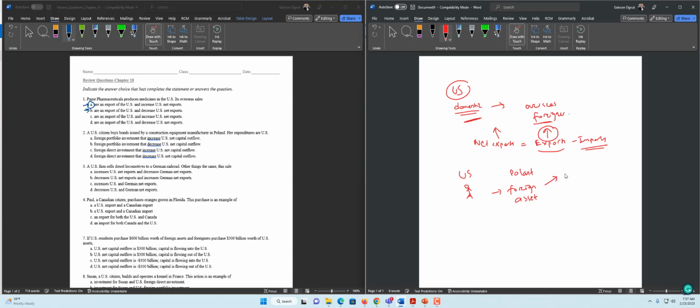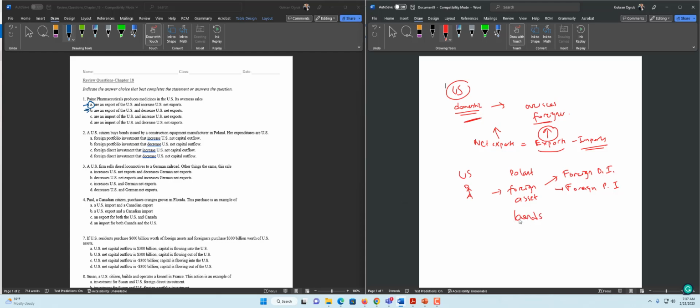We have two types. One is foreign direct investment, and the second one is foreign portfolio investment. Here in this case, it's a portfolio investment because she's buying bonds. If she goes and operates a business, it's a direct investment. And now we know that it's foreign portfolio investment.